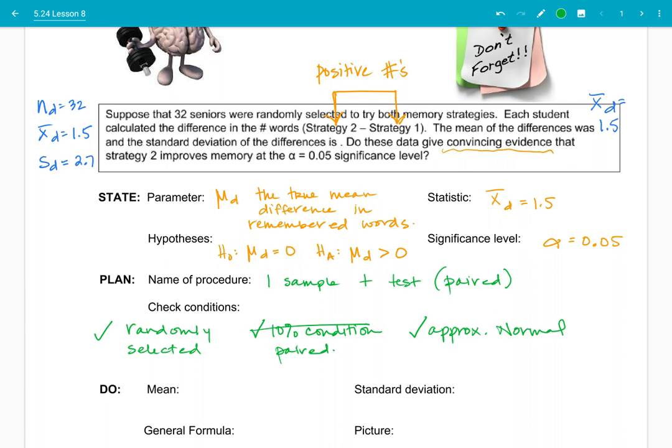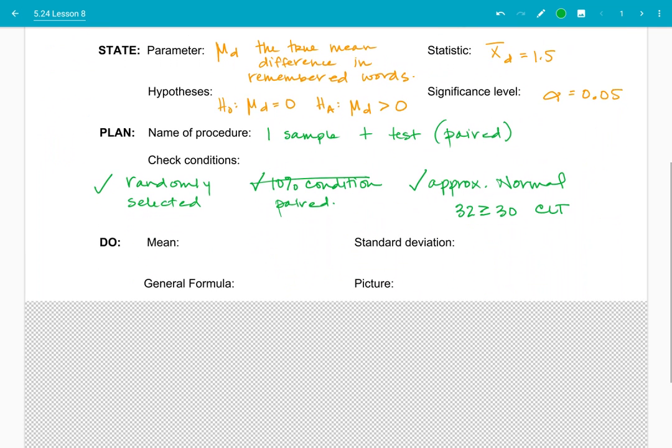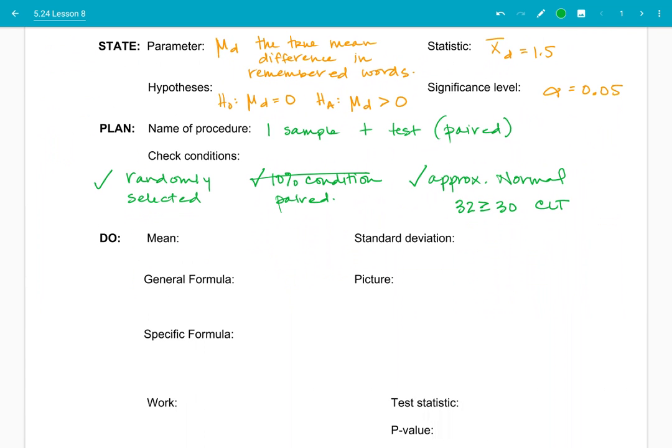Since we don't have the data, I'm very thankful that we have a sample size of 32. That's greater than or equal to 30, which means the central limit theorem tells us that we are good to go in assuming that our distribution will be approximately normal in shape.